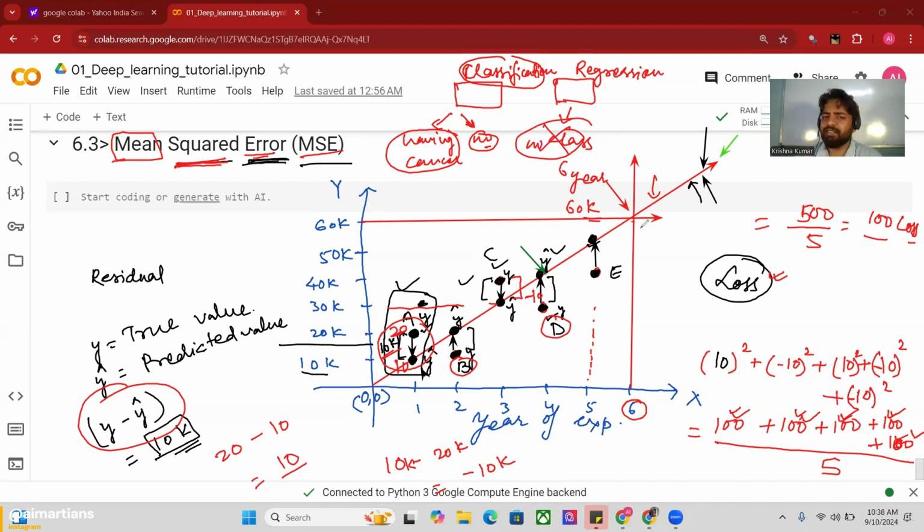It will totally depend on your past data set, like what kind of salary you are offering. Let's say every person having 1 year of experience is getting 5,000 of salary. In that case, the salary of a 6 year person will change, right? So there is no class, okay? You have to understand this. Now I will show you how we implement it in deep learning, but not in this video, in the next video I will train a model and show you.